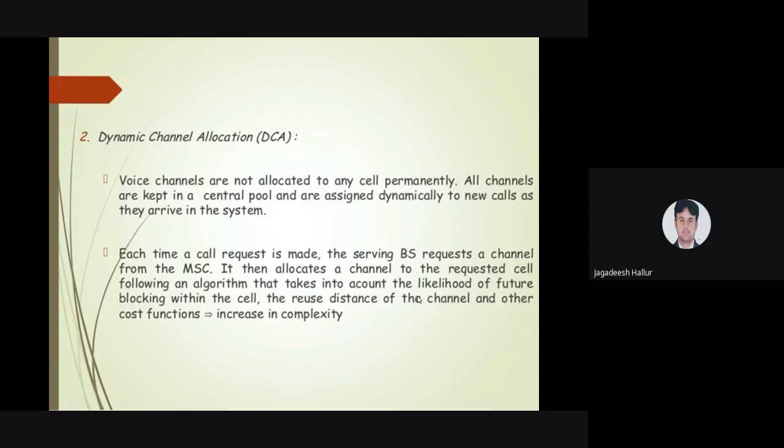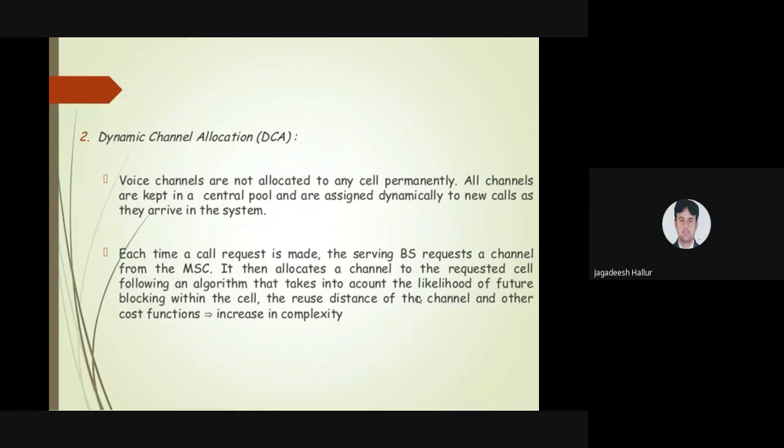Each time a call request is made, the serving base station sends the request to the MSC. The MSC allocates a particular channel to the requesting user. That is done in dynamic channel allocation. Till the end of the conversation, there should not be any disconnection of the call.